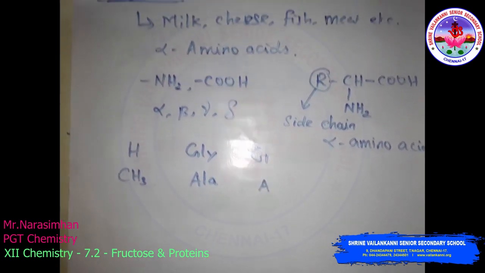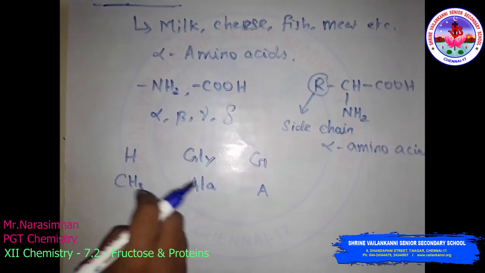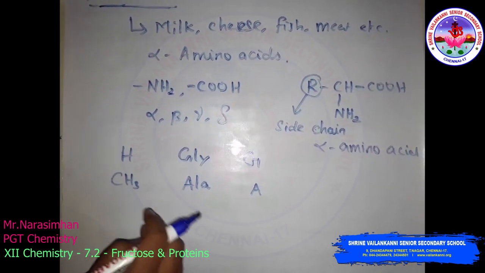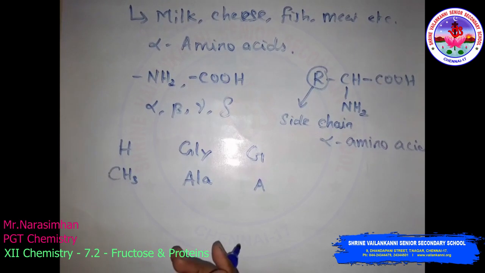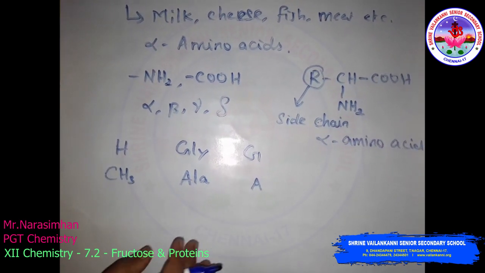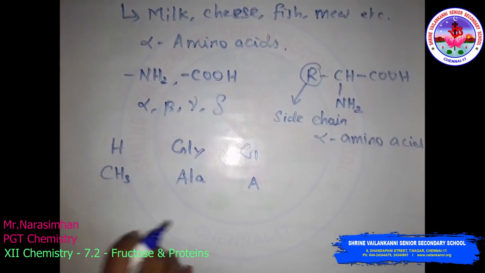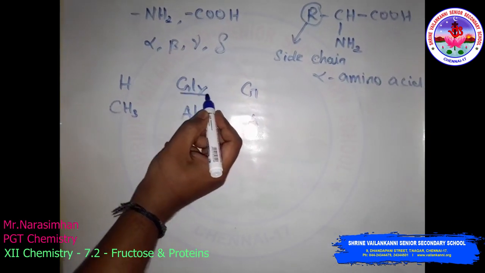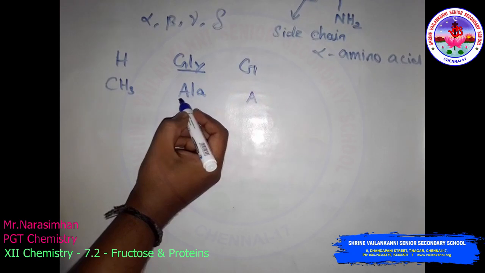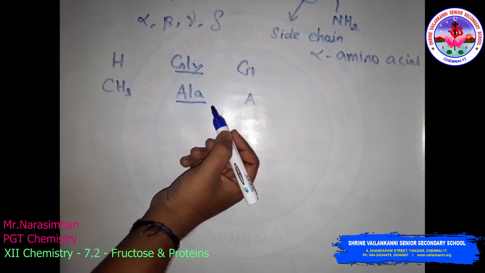Then there are essential amino acids and non-essential amino acids. Amino acids are generally classified like this, essential and non-essential. Here the name of the amino acid is glycine, here the name of the amino acid is alanine.